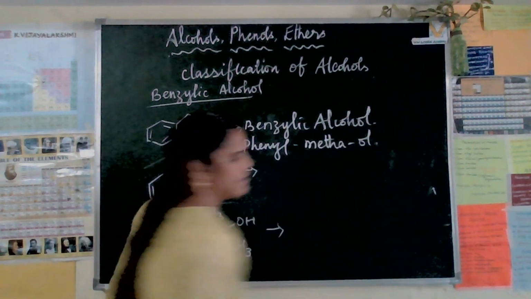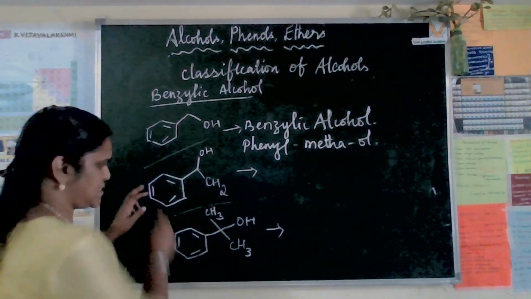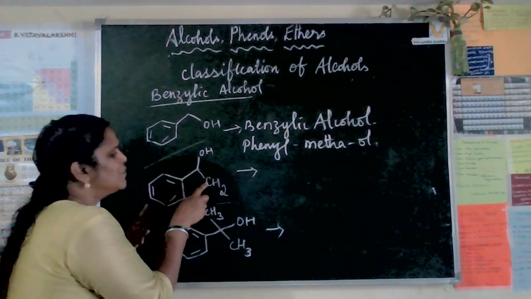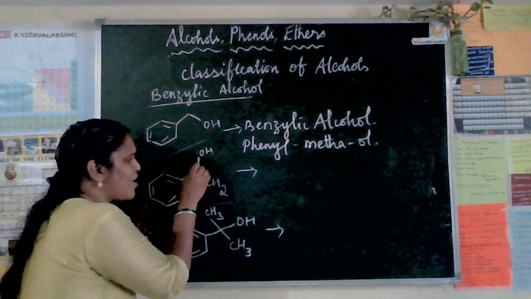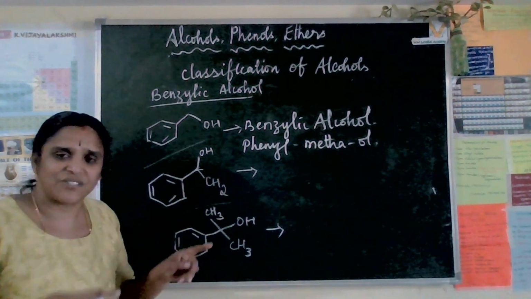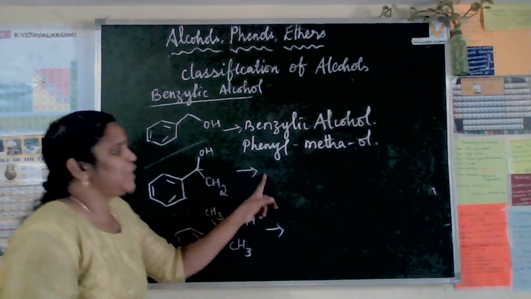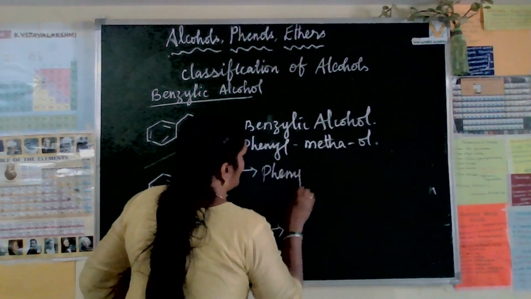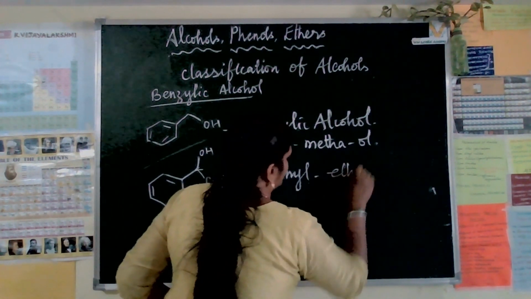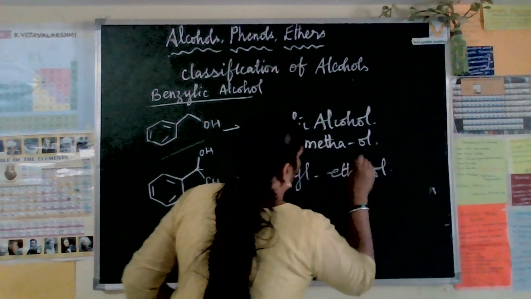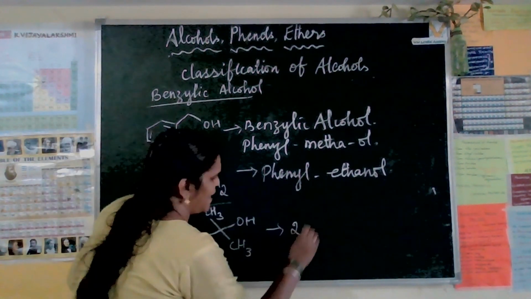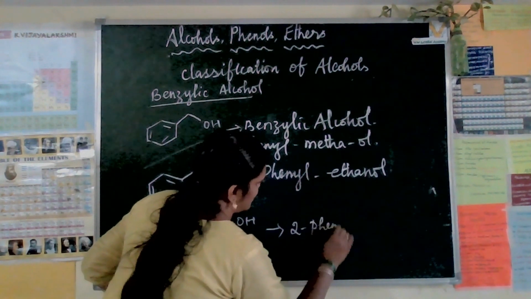Okay, now this one, the same aromatic benzene ring connected with one carbon here, one carbon here, in bond line structure. So it is 2-phenylethanol. Okay, the next one, 2-phenylpropan-2-ol.